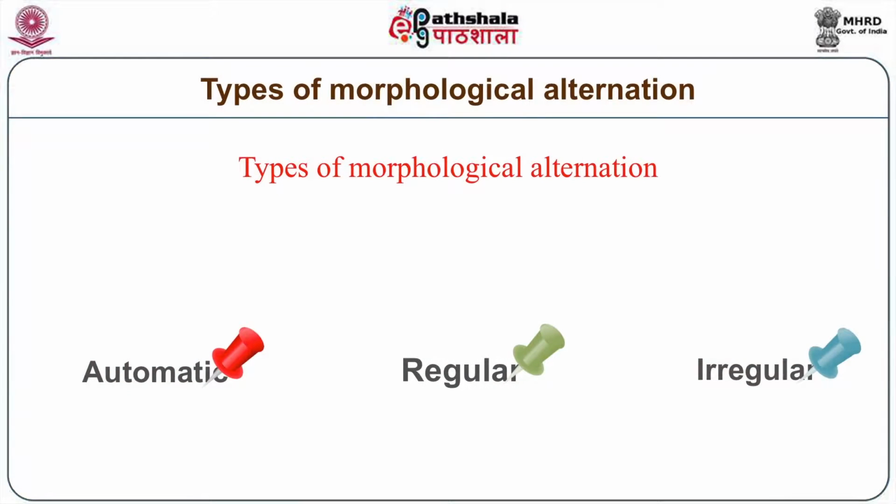So we prefer to call the second category regular rather than non-automatic regular. Likewise, when we say irregular, of course we mean non-automatic irregular. How can irregular be automatic? So we prefer to call the three types by one-word names: automatic, regular, irregular. These are the three types of alternation.